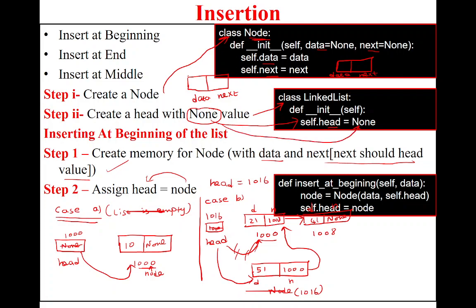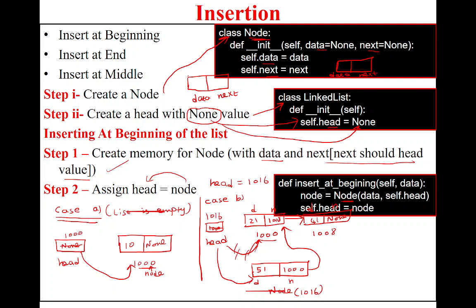Then see this algorithm, insert at beginning: create a memory for node. Here we are defining one function, insert at beginning. Here we are creating node equal to Node. What is this Node? This is the class, so we are creating the object for the Node class.